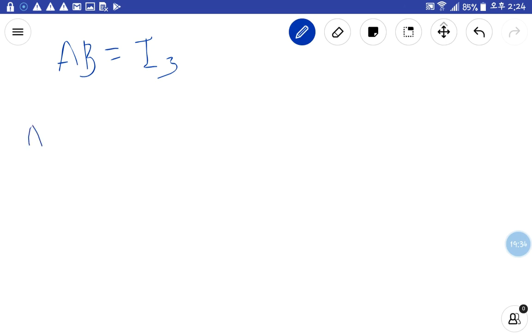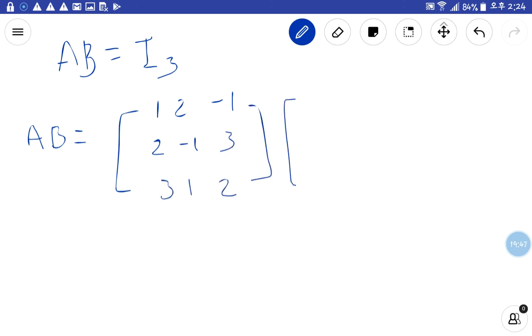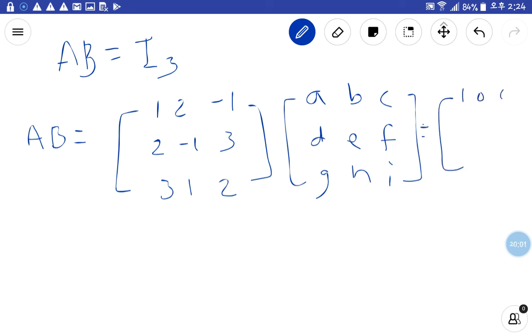So let's check it out. Let me rewrite it. My A is 1, 2, -1, 2, -1, 3, 3, 1, 2, multiplied with a, b, c, d, e, f, g, h, i. That should be the identity matrix, which is 1, 0, 0, 0, 1, 0, 0, 0, 1. Okay, it's a lot of work. So now, for my AB, I'm going to pay attention to the middle part.